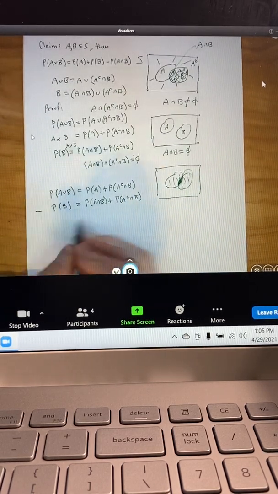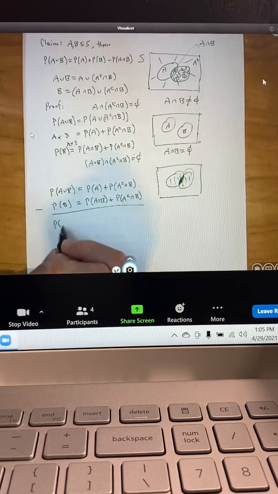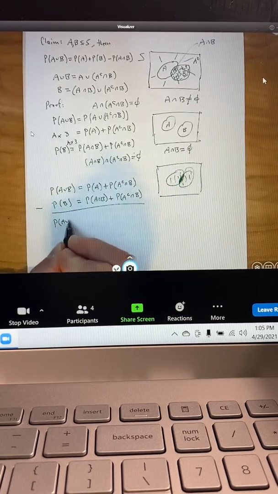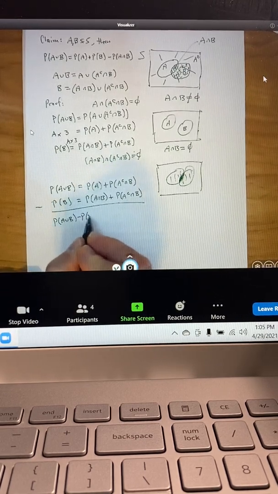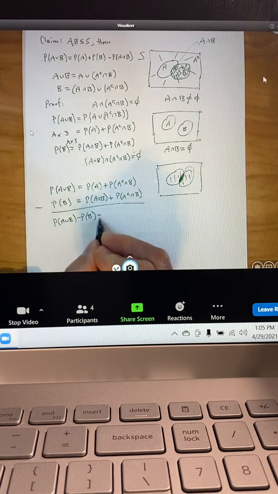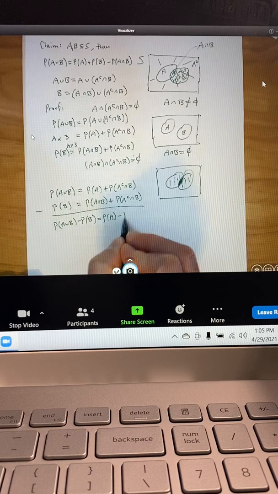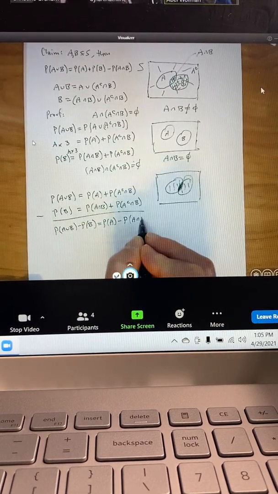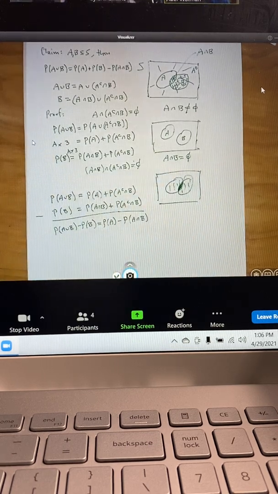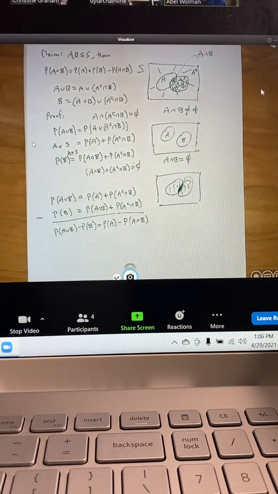So we subtract, and we get the probability of A union B minus the probability of B is equal to the probability of A minus the probability of A intersect B. Aren't we now just a step away from what we wanted to prove?